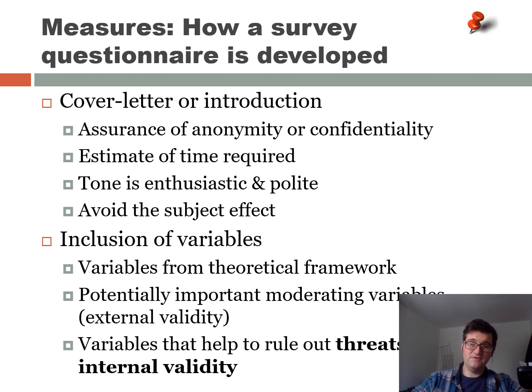The inclusion of variables. We're going to draw our variables from our theoretical framework. We will probably look for potentially important moderating variables, which helps to establish external validity, so that we can set the boundary conditions, like where we would expect a strong effect versus a weak effect. We would also include additional variables that help to rule out threats to internal validity, particularly if there are any obvious confounds.